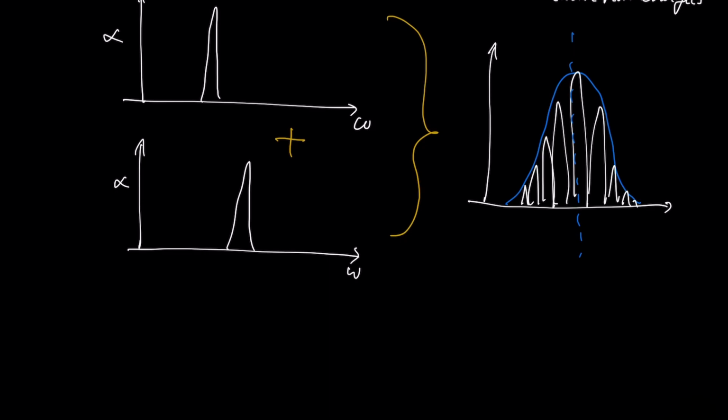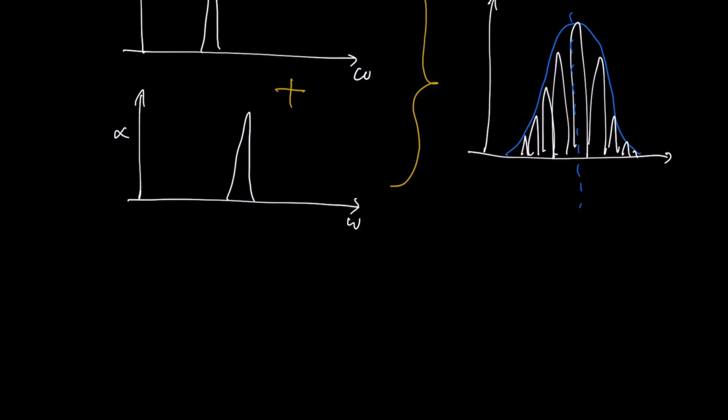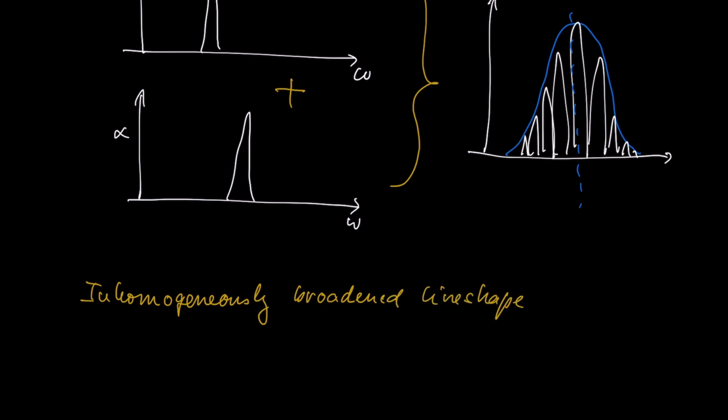And by looking at the absorption spectra, for instance, we are learning more about this so-called inhomogeneously broadened line shape, then about the so-called homogeneously broadened line shape.